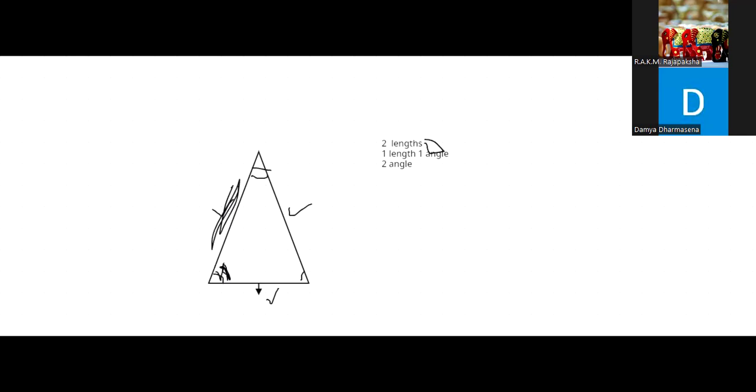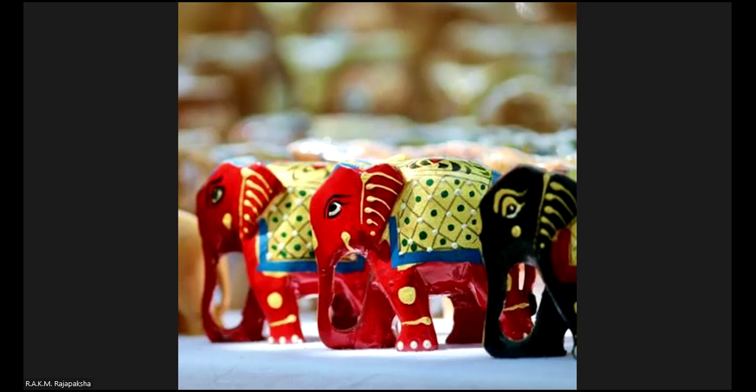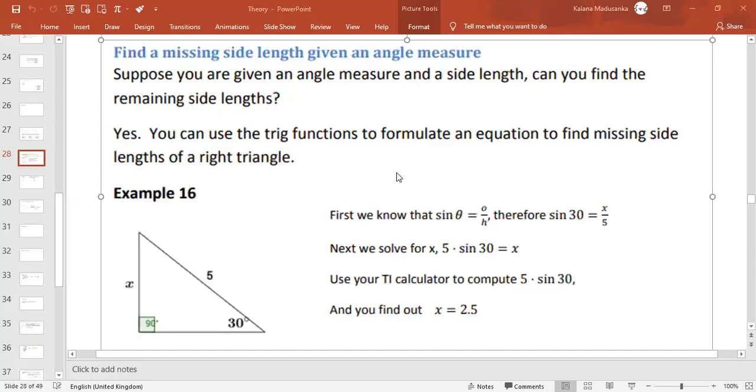That is enough for the trigonometry to calculate the rest of the values. With that in mind, let's again move it to the presentation.